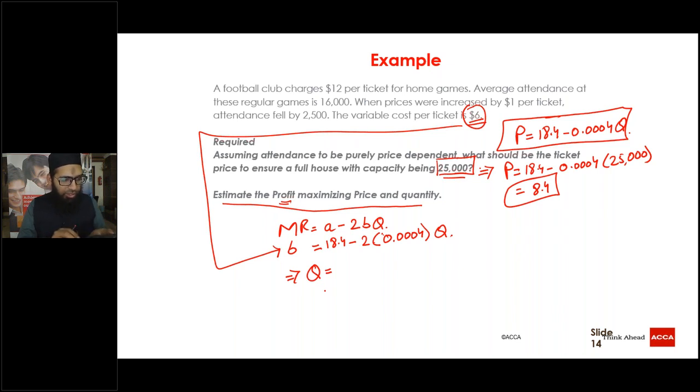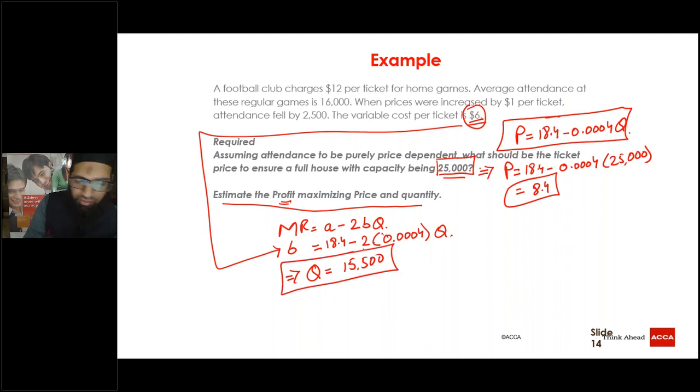If I calculate it, 12.4 divided by 0.0008 is 15,500. Have you understood that? Yes, Salman, Abu Zar, Waqas Jan, thank you very much. Yes, this is the correct answer.